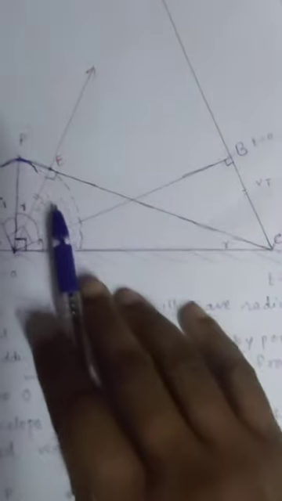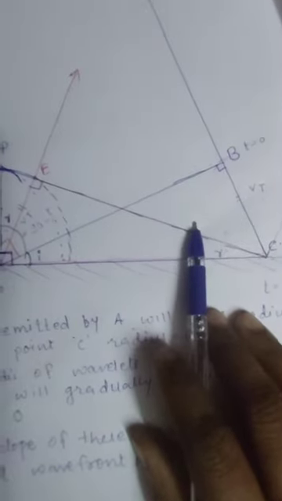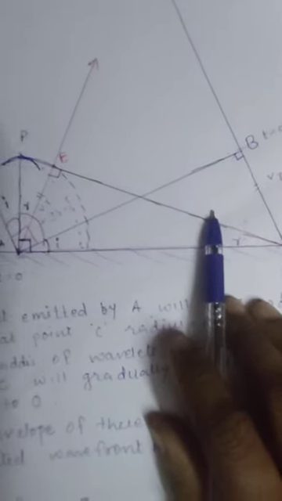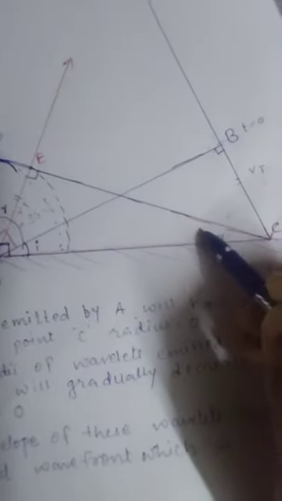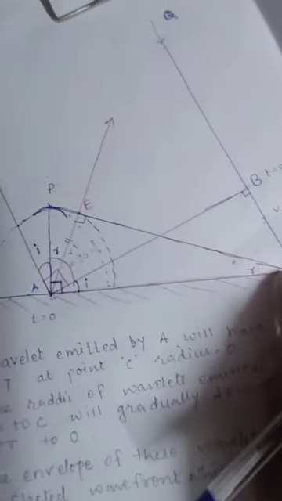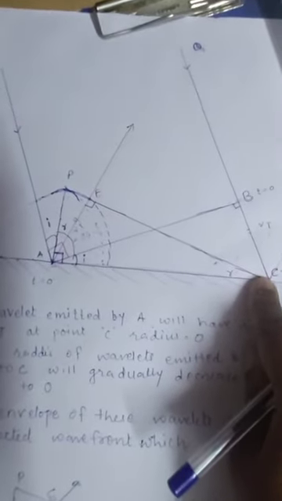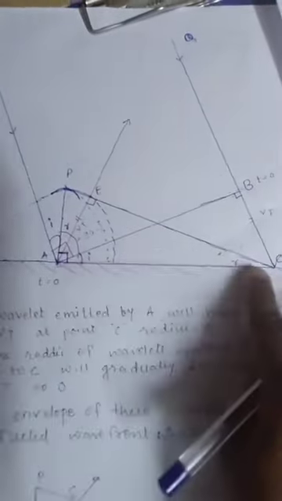As these two triangles are congruent to each other, the corresponding angles of these triangles are also congruent. That's why we can write angle ACE is equal to angle BAC. These two angles, angle BAC and angle ECA, are congruent to each other.